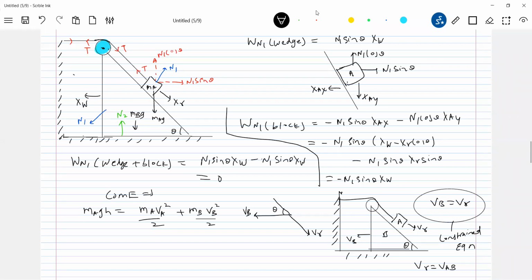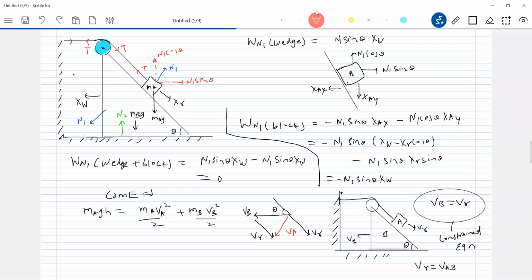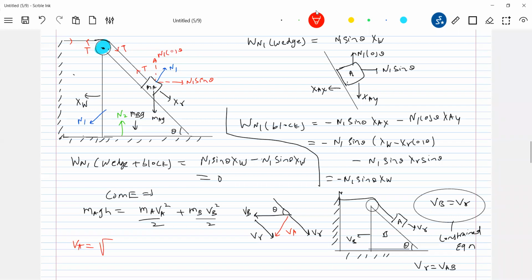So this vector diagram will come like this, V_R and this will be the V_A. V_B plus V_R, what is V_R? V_A minus V_B. So we'll get V_A, no? What is the angle between V_B and V_R? 180 minus theta. So how to calculate the speed V_A? V_A square equals V_B square plus V_R square plus 2 V_B V_R cos of 180 minus theta.